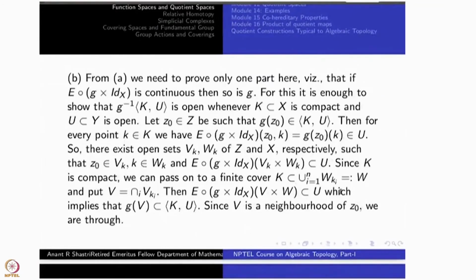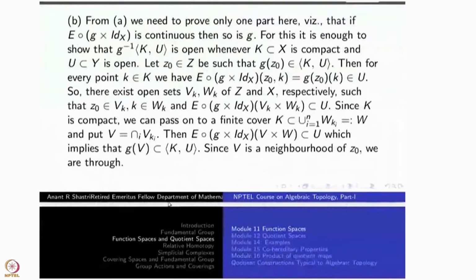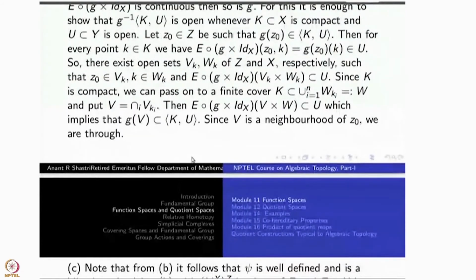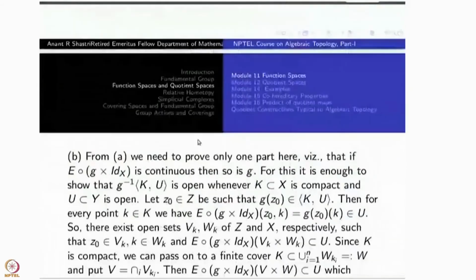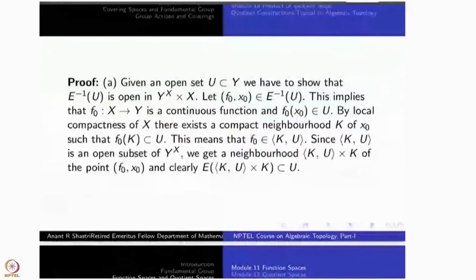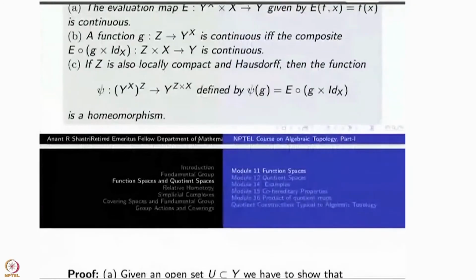The local compactness of X is used here. Now you see in the statement C, there is a local compactness assumption on Z also. You know why?